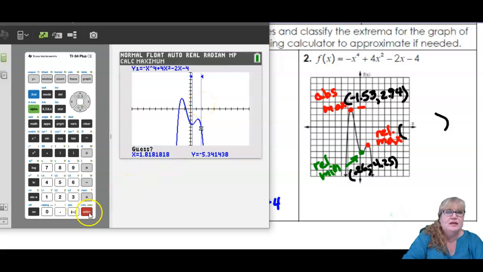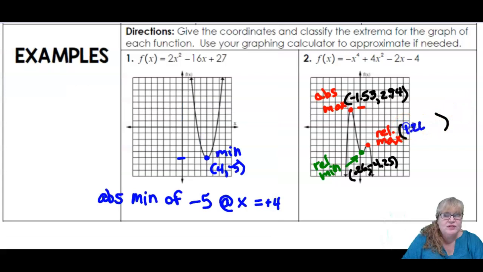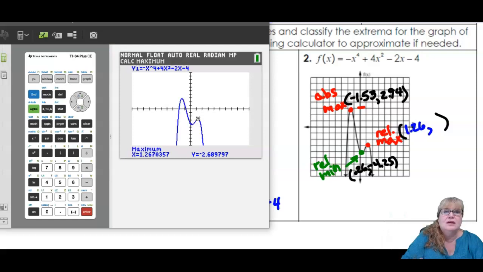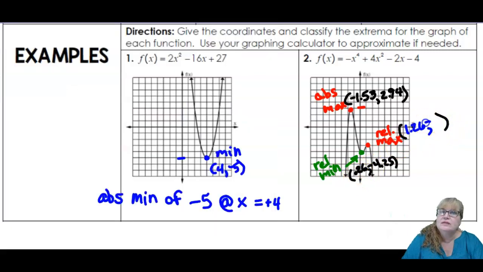Okay, hit enter, make sure it looks like it's right at your top spot where it says maximum there, and you get 1.27, -2.69. Ugh, I made a mess.